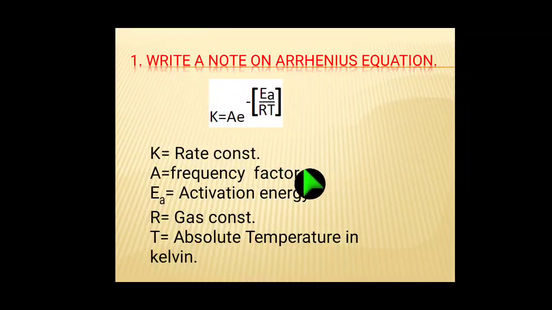Ea means activation energy. R is the gas constant. T means absolute temperature in Kelvin.